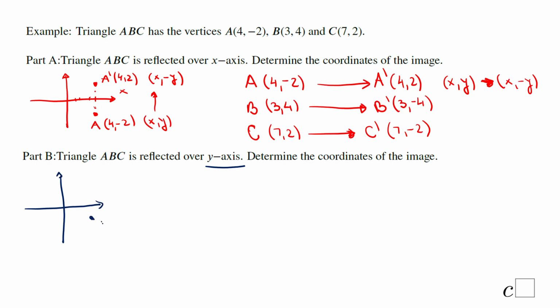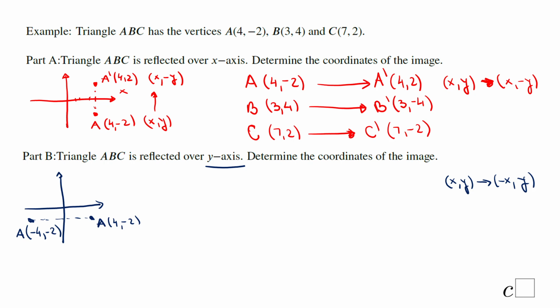Here was point A, (4, -2), and it's going to be reflected on the other side. Okay, so that will be what? Now x changes, y stays. Okay, so let me write that rule here. (x, y) becomes, so like I said, x changes, y stays. And when I said switch, probably I should say change the sign.